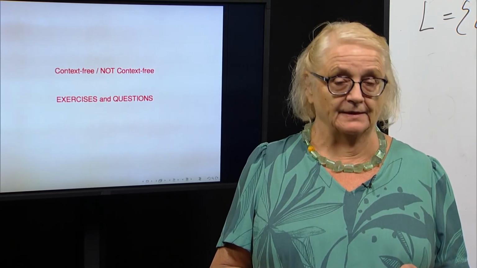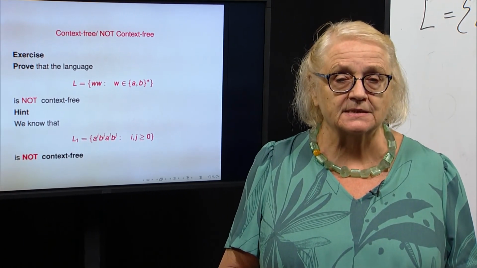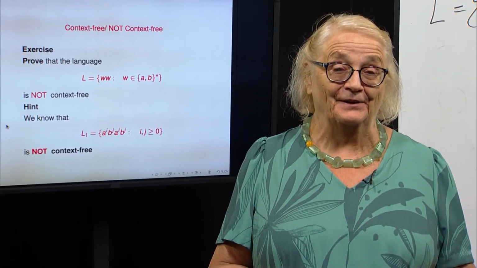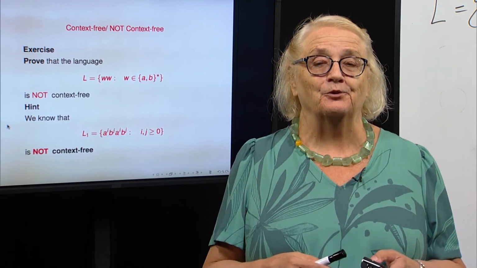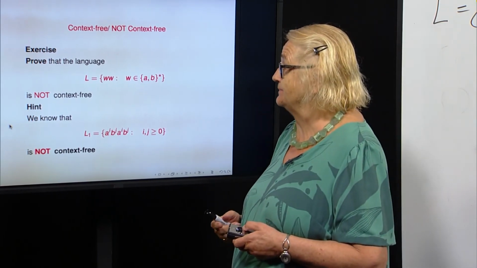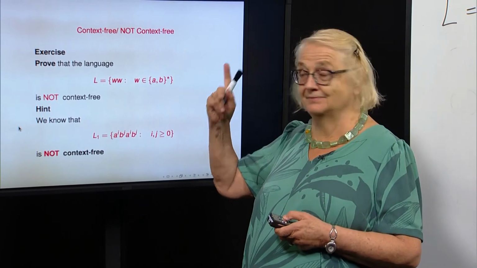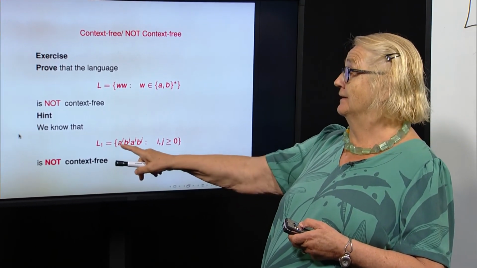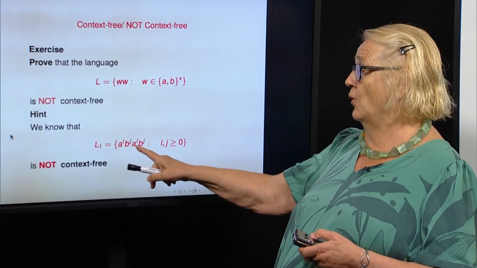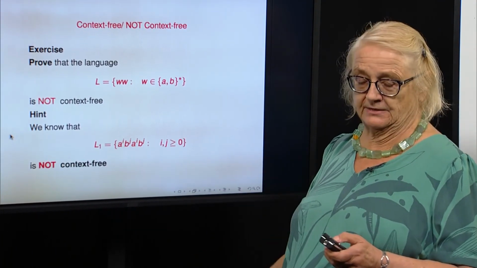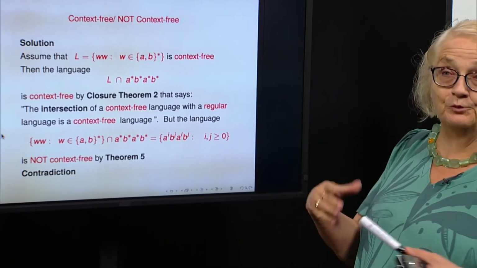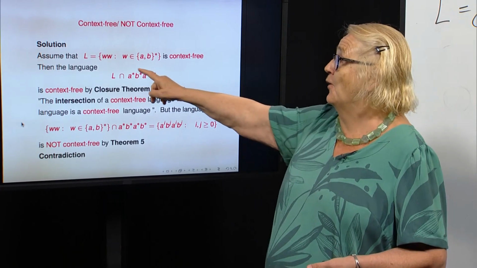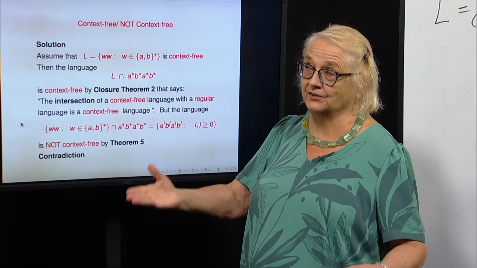And now you have plenty of exercises. For example, prove that WW is not context-free. Hint: I know that a certain language is not context-free. So what do you do? As we did with regular languages, assume that it is context-free.